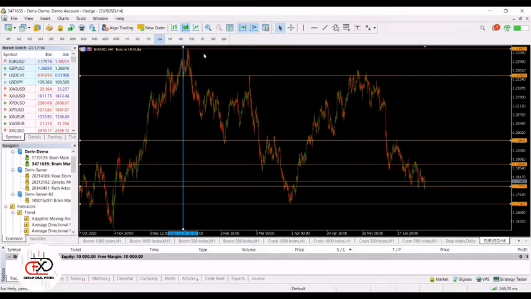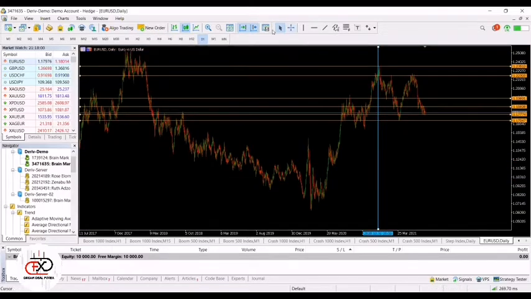Let's look at it on the daily time frame as well. When you're looking at it on the daily time frame, you see that the market was in an uptrend from 2017, then in 2019 it started an uptrend.